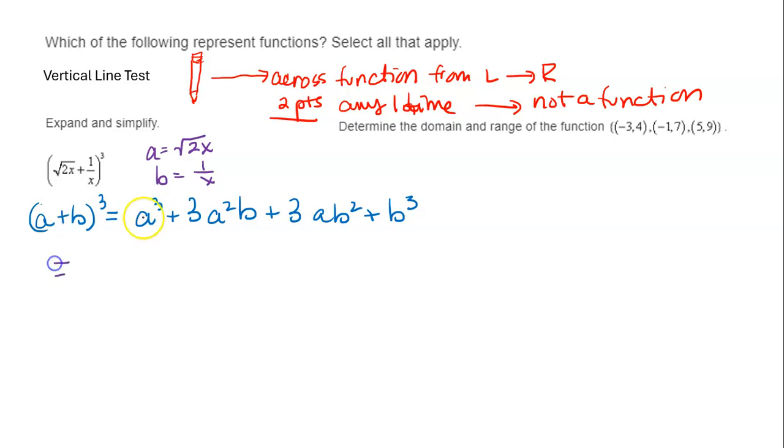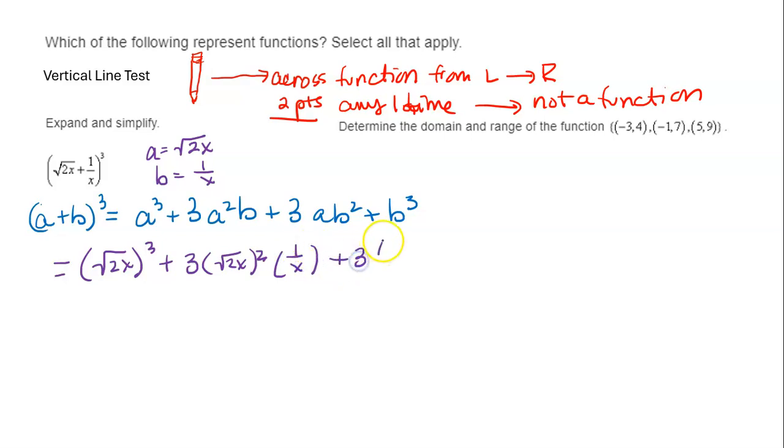So a cubed is square root of 2x cubed plus, and I'm just plugging in right now, 3 times the square root of 2x squared times 1 over x plus 3 times the square root of 2x times 1 over x squared plus 1 over x cubed. Mercy. Okay, let's take it one term at a time.